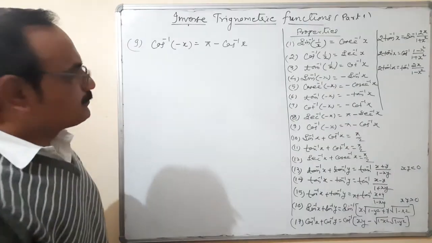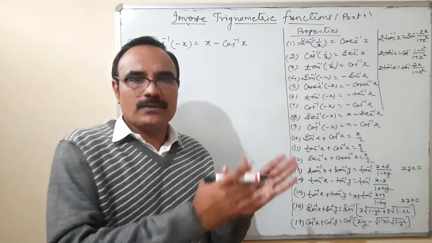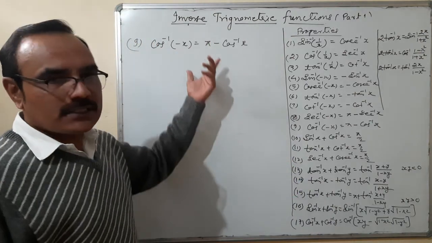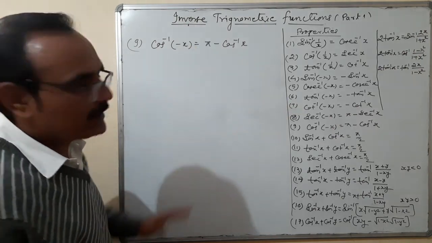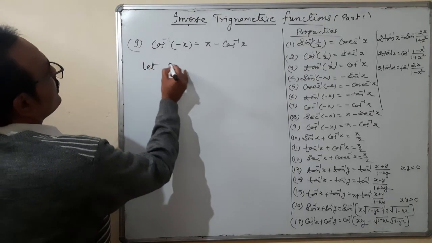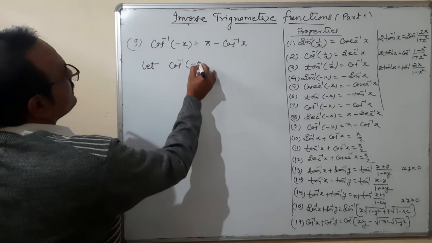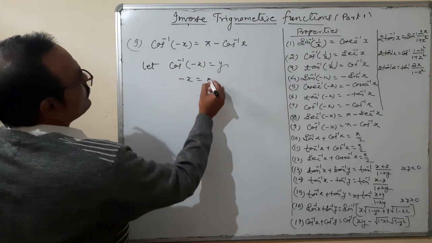Friends, the procedure is the same for all. You can see that the procedure, the algorithm, is the same as what I am doing. Let it be equal to y, then shift and transfer. Let cos inverse minus x be equal to y. Therefore, minus x is equal to cos y.